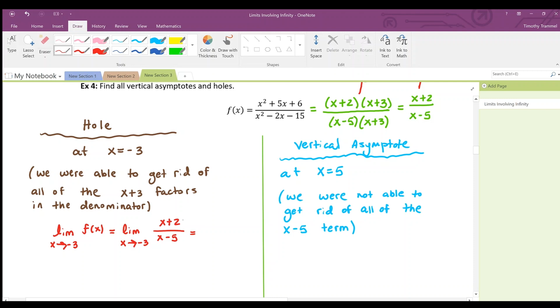So it looks like -3 plus 2, so that's -1. -3 minus 5, that's -8. And so this is 1/8. And this actually does tell us something. If you wanted the x and y coordinate of the hole here, we now have the y coordinate. So this occurs at -3, 1/8.